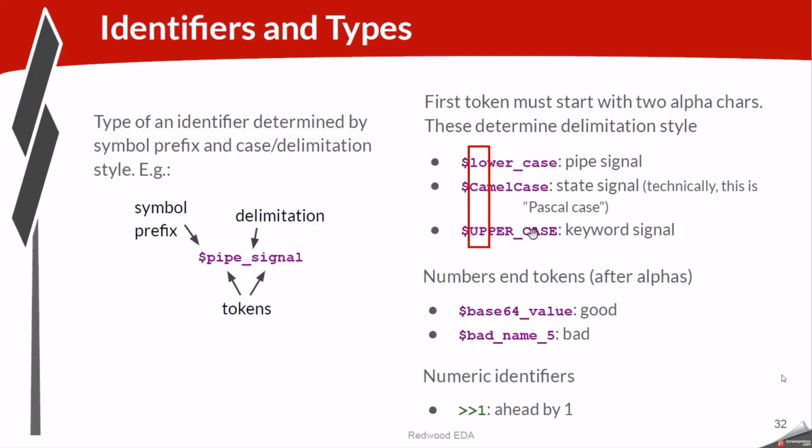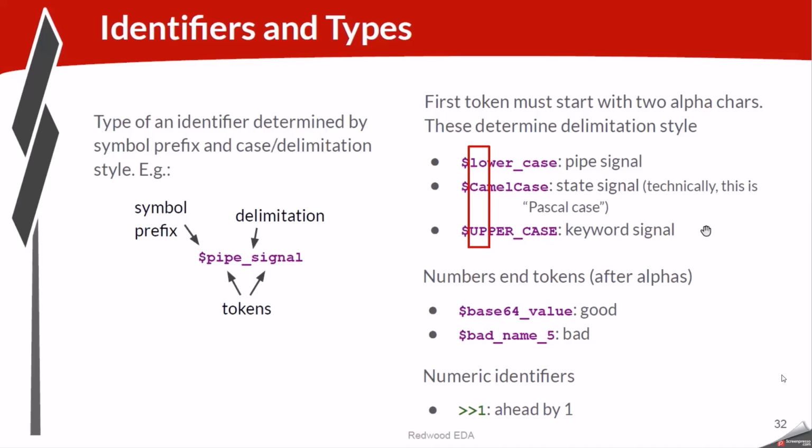And in TL Verilog, when you're using camel case delimitation, instead of being a pipe signal, it's a state signal. I don't think we're even going to talk about state signals in this workshop, but nonetheless, just to understand syntax restrictions. And then there's also an uppercase, which I also don't think we're talking about, but that's all uppercase characters with an underscore delimitation.